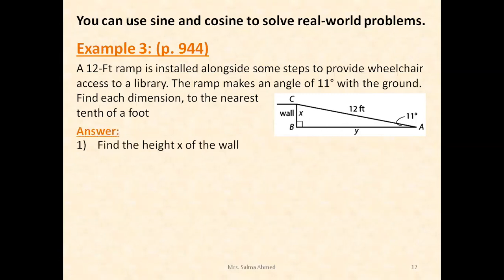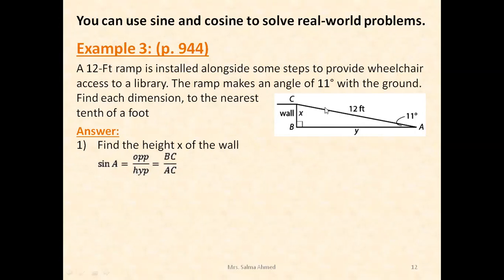So find the height x of the wall first. What's the relation of x to the angle A that I have? Yes, it is in front of it. So I'm going to use sine A is opposite over hypotenuse, which is BC over the hypotenuse AC.